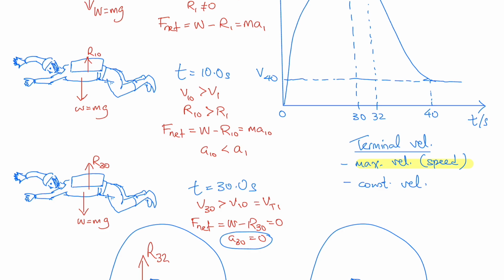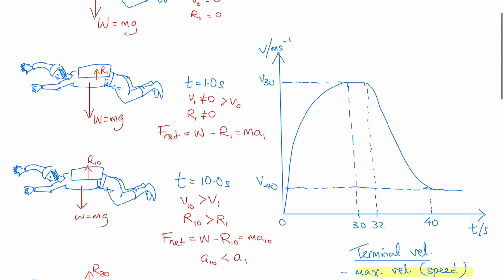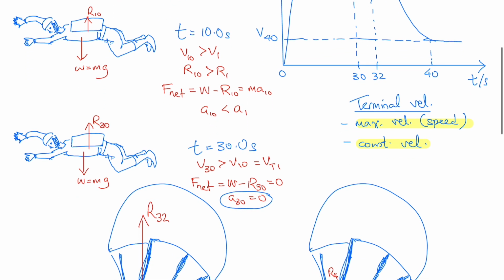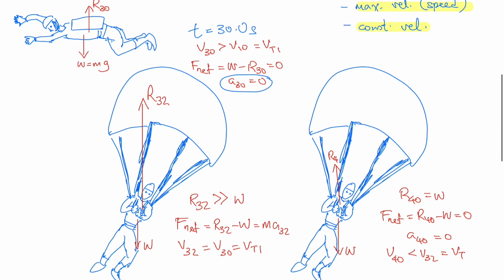Although it's decreasing, it is still accelerating. So the speed is still increasing. And the second characteristic of the terminal velocity is constant velocity. So it actually doesn't change. So these are the two characteristics of a terminal velocity. And in the process of skydiving, there are two terminal velocities that are achieved. The first before the parachute opens, the second after the parachute opens.